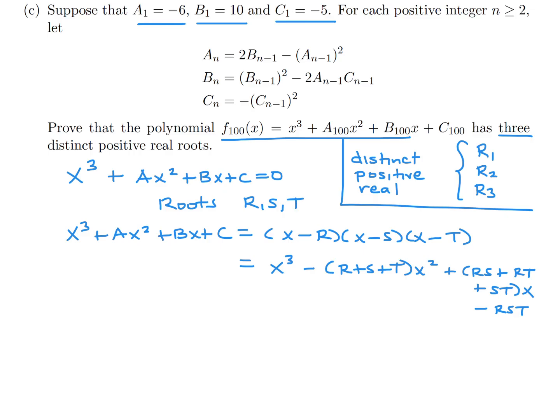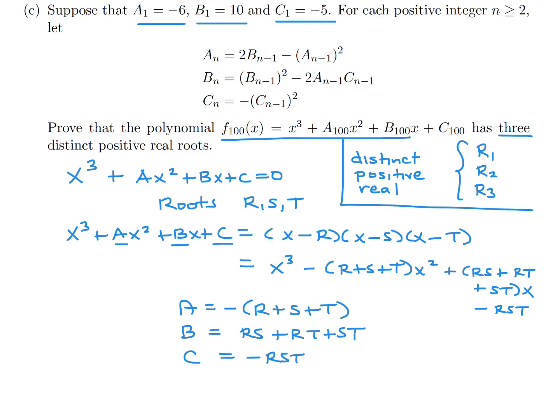And therefore, if we match the coefficients, a would be equivalent to minus r plus s plus t, b would be equivalent to rs plus rt plus st, and c would be equivalent to minus rst. You get the same result from Vieta's, by the way, in case you want to do Vieta's.